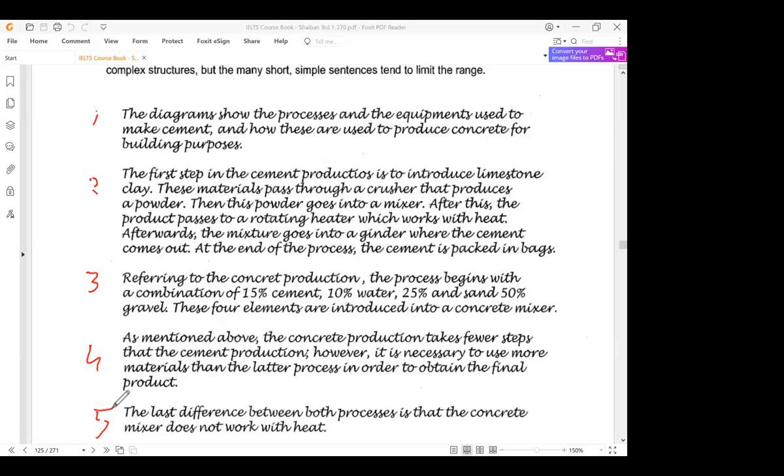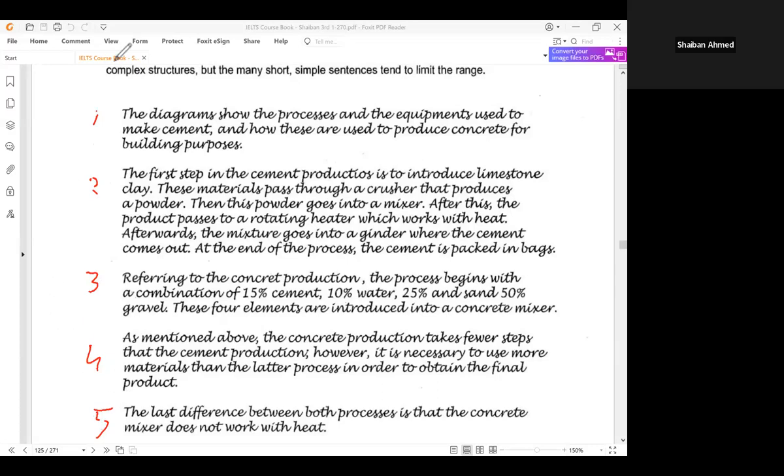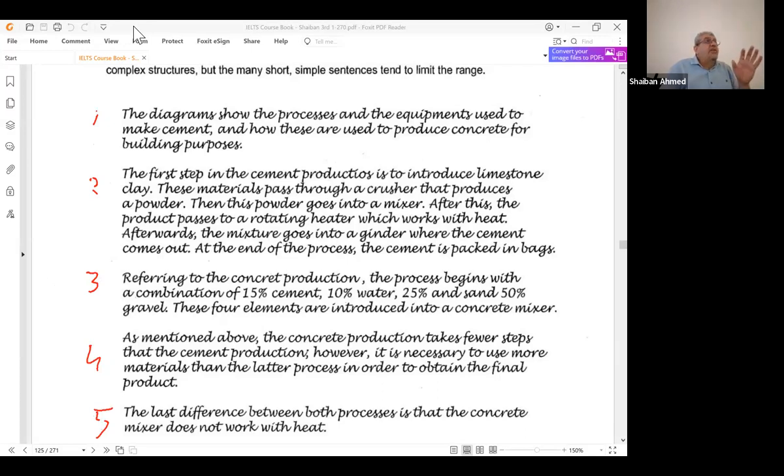Okay. So where do you think you can change? Before we start, where is the general overview? You think 4? That's good. So this is the general.